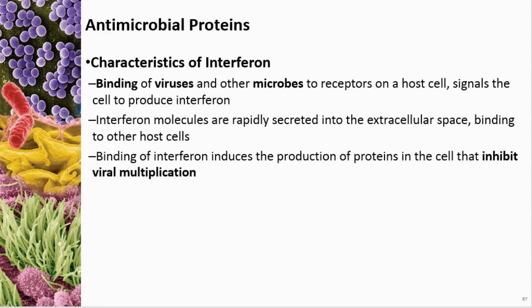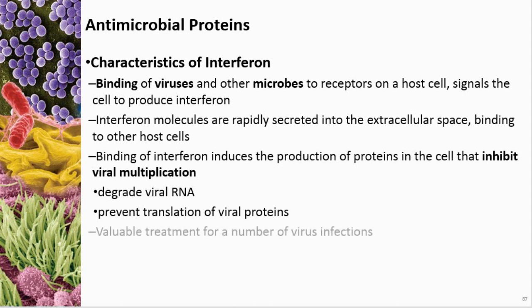And in a viral infected cell, it causes the cell to not undergo mitosis, which will keep it from replicating the virus. It also causes degradation of the viral RNA, which keeps it from translating the viral proteins, because the instructions are messed up.